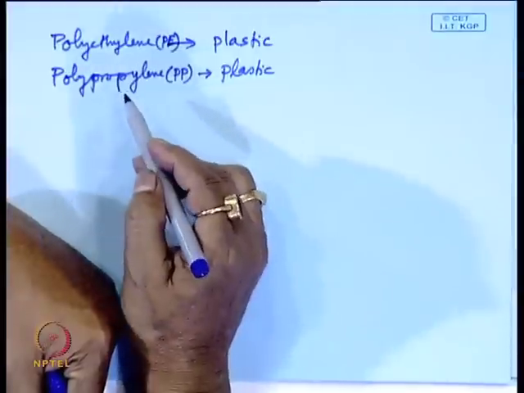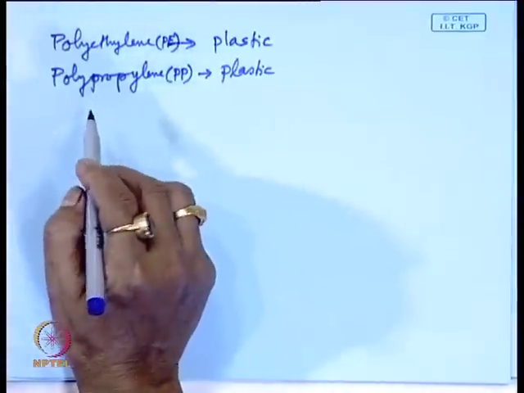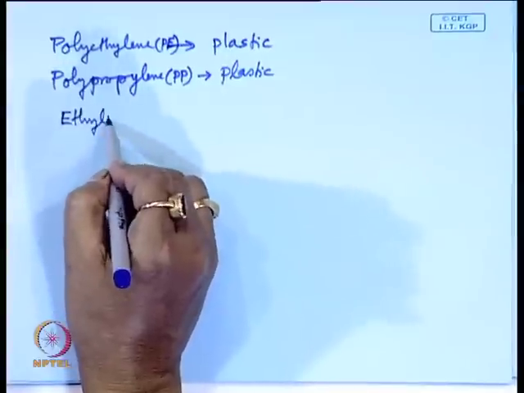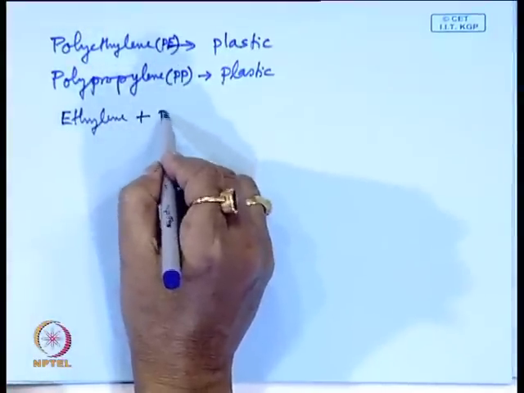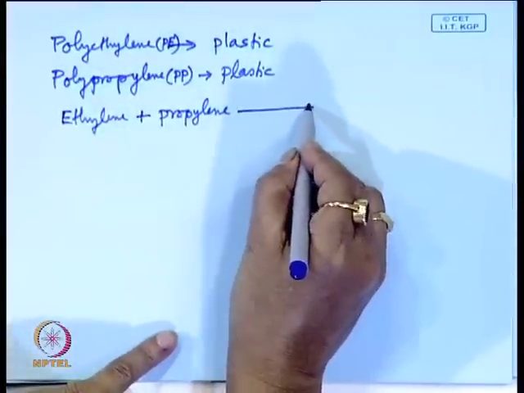You can say, sir, we can make a blend of polyethylene and polypropylene. You will get a new product, of course, but that new product will have different set of properties, but that may not be a rubber. But you can develop a rubber from these two materials. How? For that, you have to go to its monomeric stage. You take ethylene along with propylene, polymerize together.